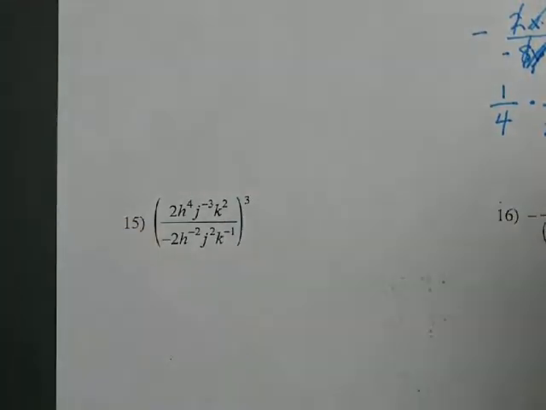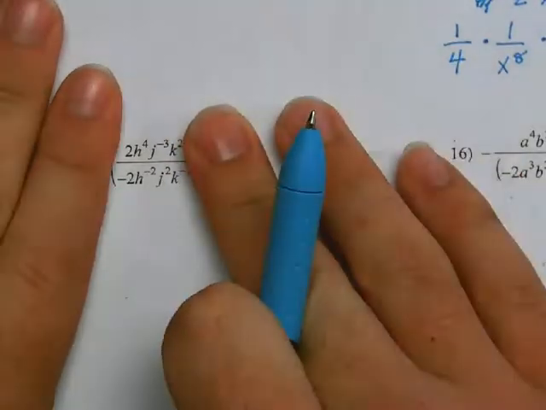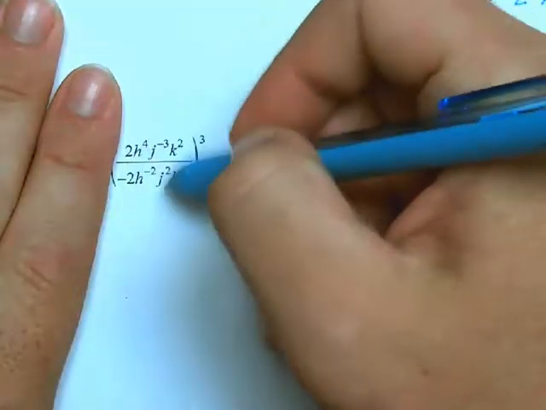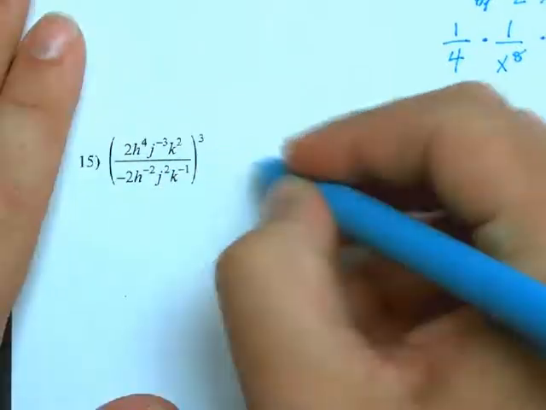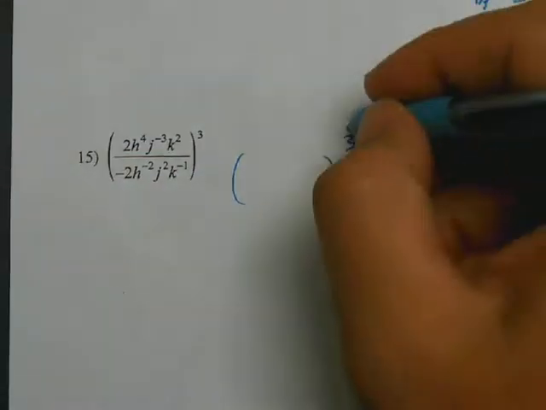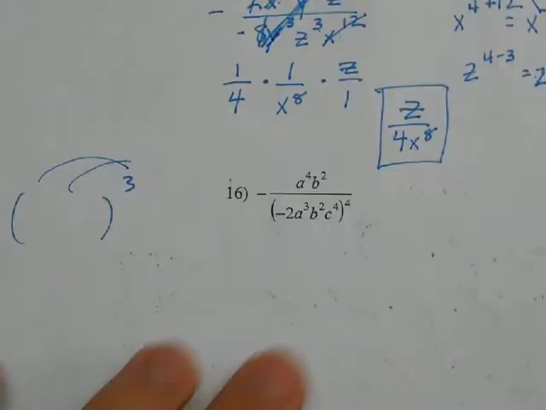I'm going to challenge you with that problem. My first step would be to cover this up and begin to solve the coefficients, the h's, the j's, the k's, and then at the end add on the cube to whatever I simplified that to, and then raise each factor. Okay, so just trying to hint that out for you there.